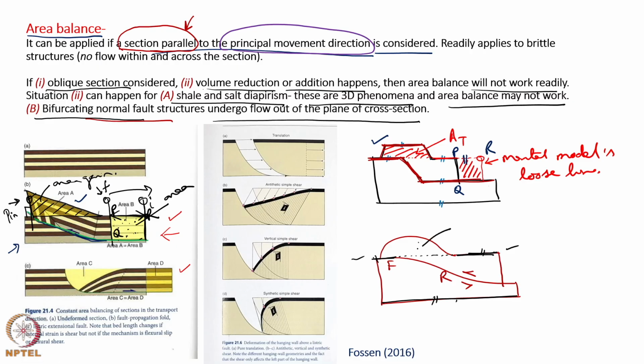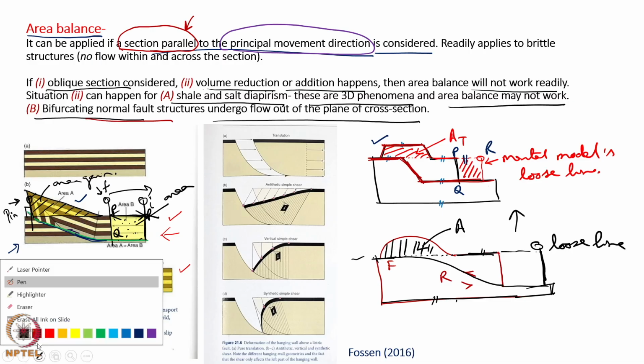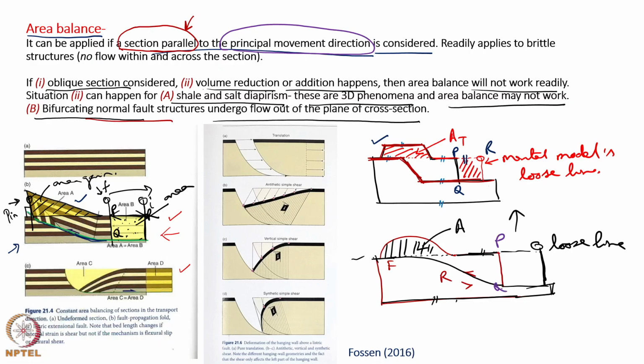Now, one can find out the area. We can create a mental model that this was the position of the loose line. Similar to this process, we set P, Q and R, and we say that the area A is equal to PQ multiplied by PR. Therefore, PR is equal to area divided by PQ length.